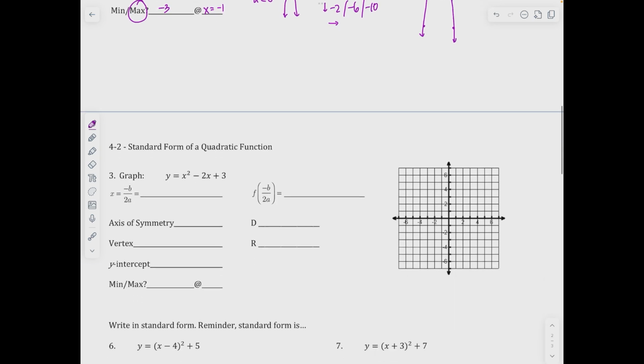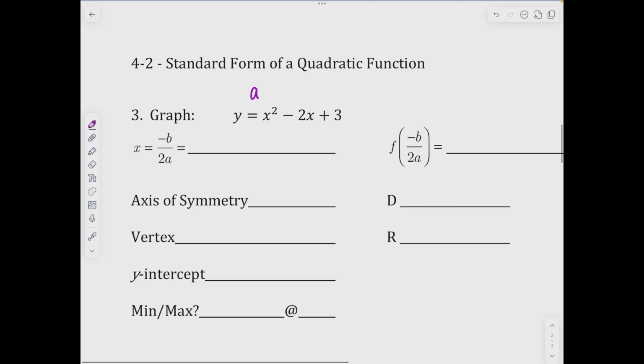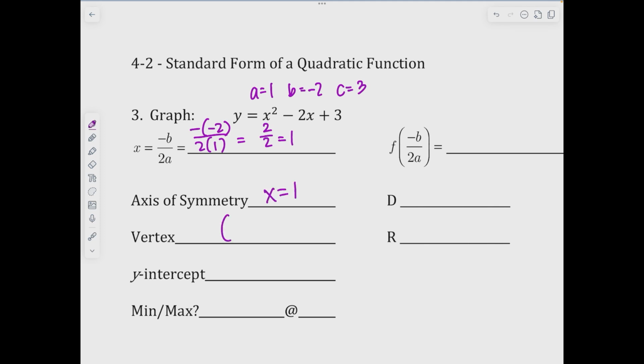Number 3, okay, my a value is 1, my b value is negative 2, my c value is 3. Negative negative 2 over 2 times 1. So this is 2 over 2, which is just 1. Axis x equals 1, vertex is 1 something. I want to find f of 1, so that's 1 squared minus 2 times 1 plus 3.